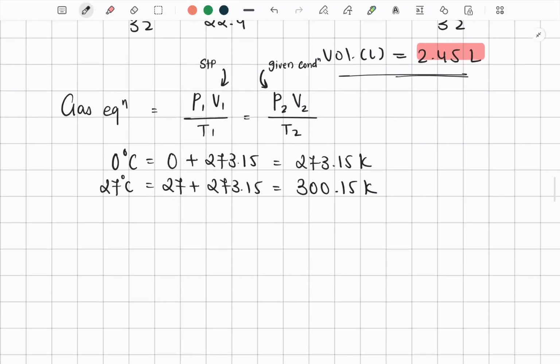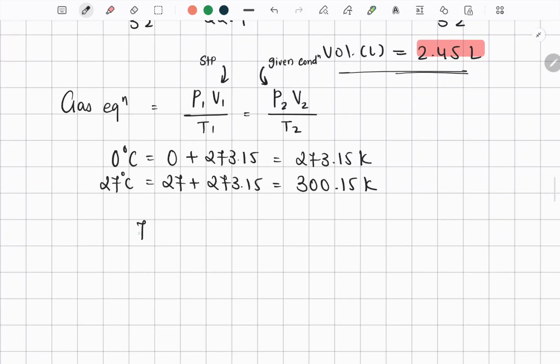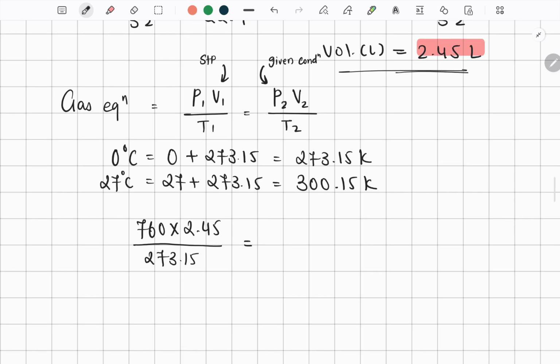Okay, so let's fill first of all the data. So P1 is gonna be 760, V1 is 2.45, divided by T1, which is 273.15, equal to P2, which is 740, V2, which we need to calculate, the volume at given condition, and T2, which is gonna be 300.15. Okay, now let's put all the numbers on one side and V2 on the other side.